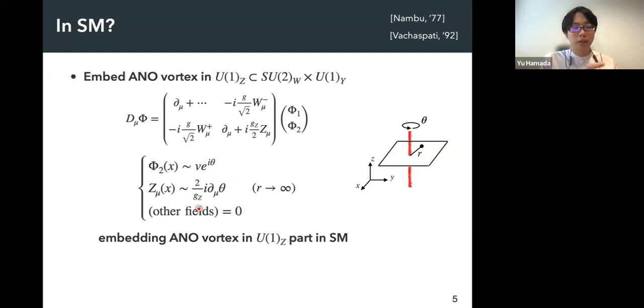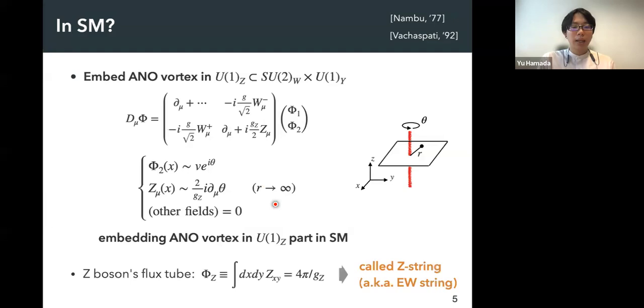So this is a naive embedding of the Nielsen-Olesen vortex in this U1Z part in the standard model. And this configuration has a finite Z boson flux tube. For example, if you integrate the magnetic flux of the Z boson on the XY plane, then you get a finite value of the flux tube corresponding to the Z boson. So that's why this object is called a Z string, and this is also known as an electroweak string.